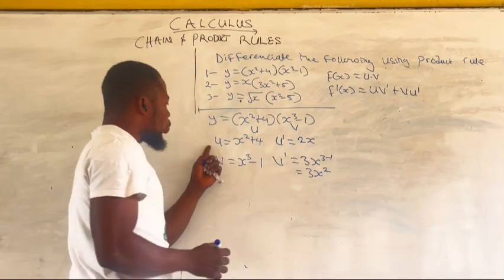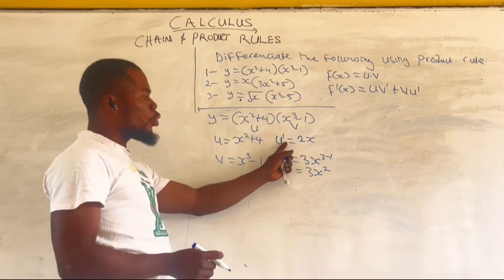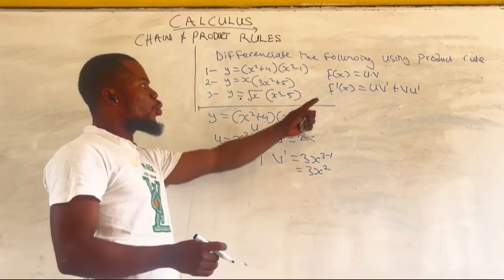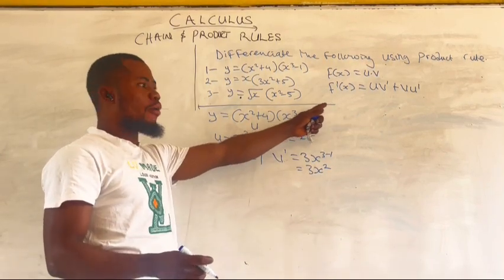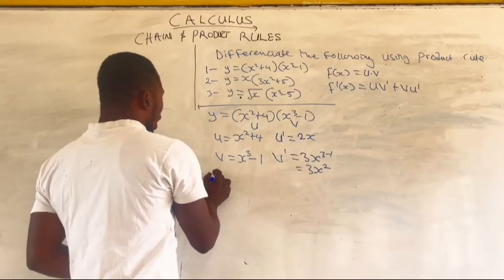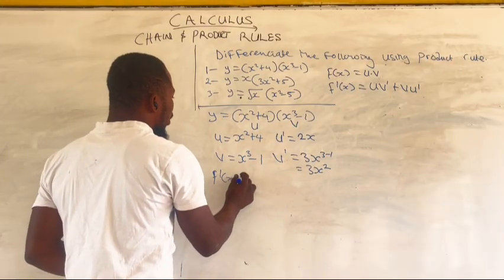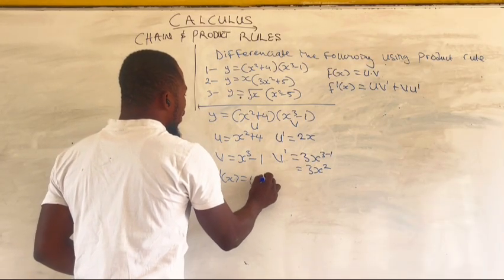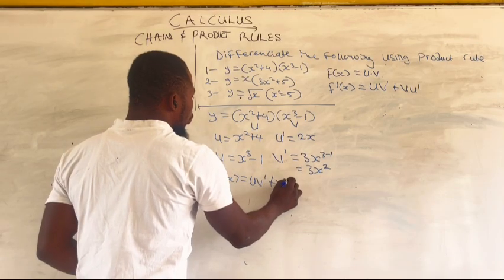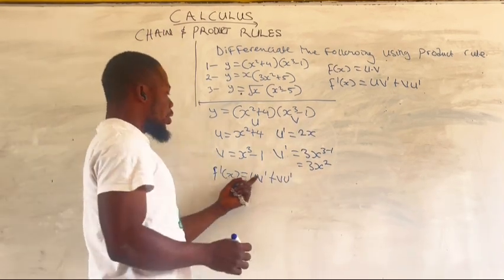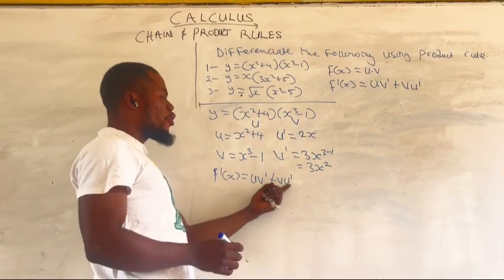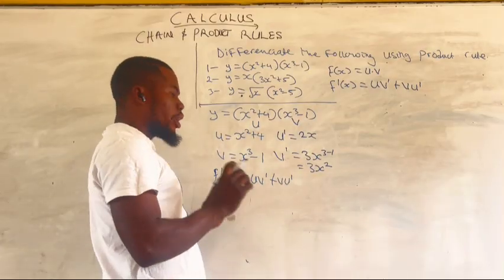So this is our u, this is our v, this is our u prime and this is our v prime. We'll now substitute in our formula, which states that f prime of x equals u v prime plus v u prime. You can use v u prime plus u v prime, either way you still get the same answer.